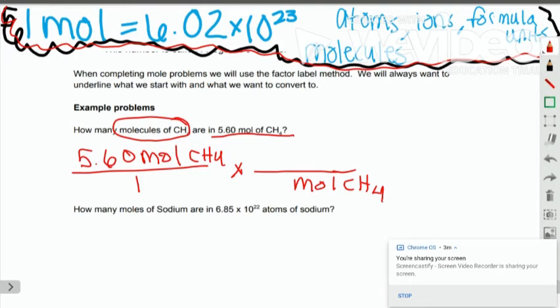In this conversion, it says that 1 mole is equal to that many molecules. So we will put 1 mole at the bottom because we are starting with 1 mole, and that is equal to 6.02 times 10 to the 23rd molecules.